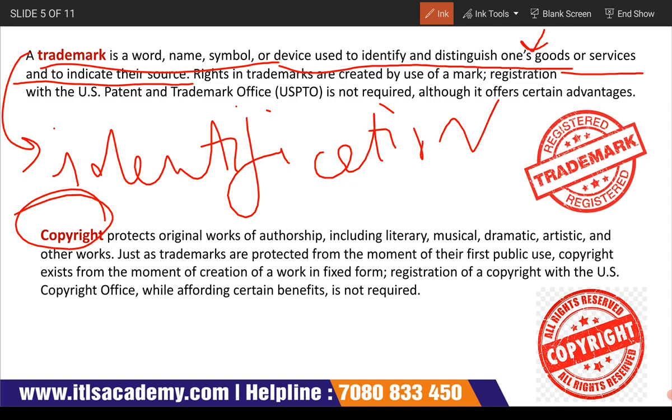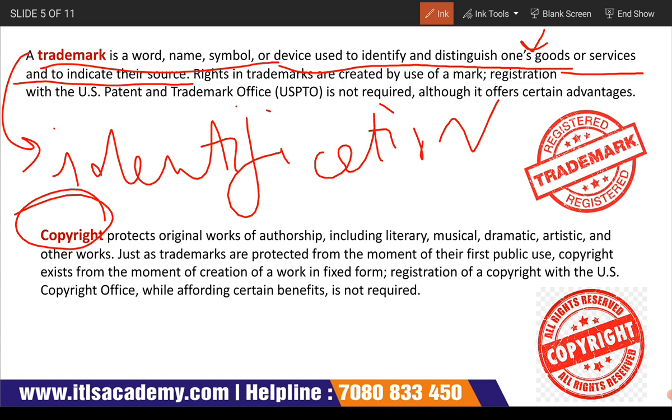So what is copyright? Copyright is a protection, only in the form of expression, where the original work is protected from others.